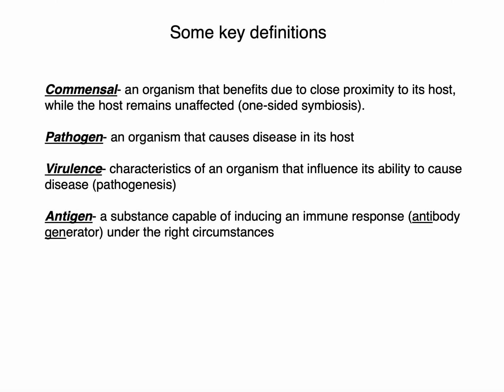So one-sided symbiosis. A pathogen, on the other hand, is an organism that causes disease in its host. Virulence are the characteristics of an organism that allow it to cause disease, and an antigen is a substance or a component of that organism that is capable of inducing an immune response. It literally comes from the combination of the words antibody generator.